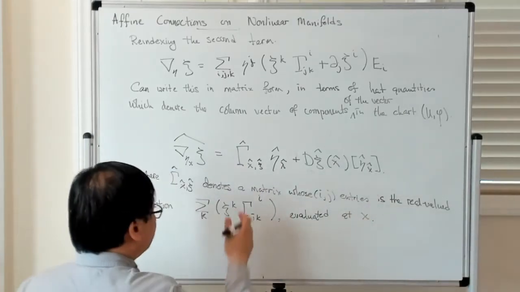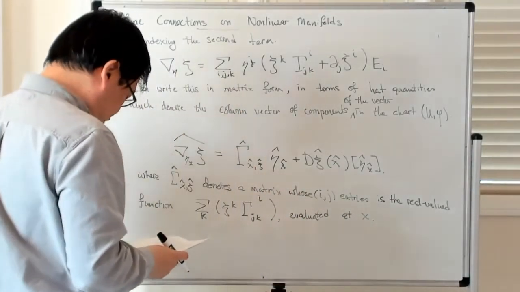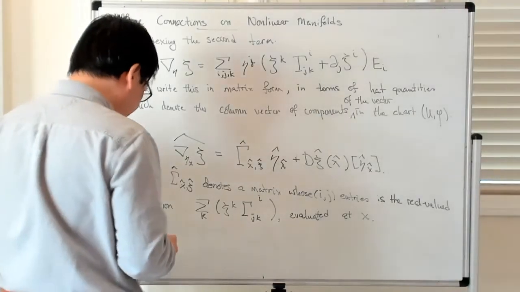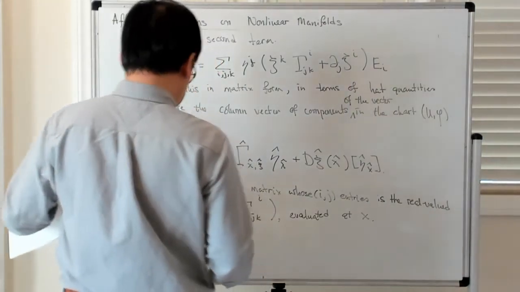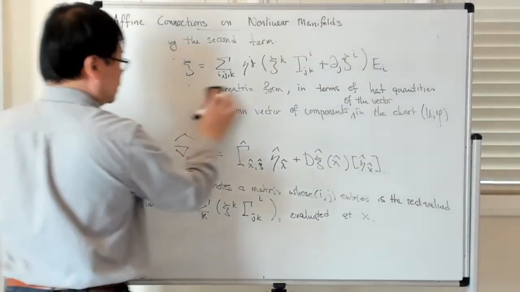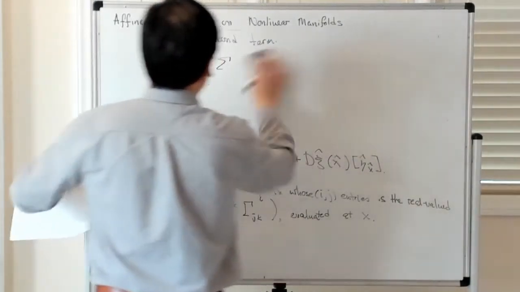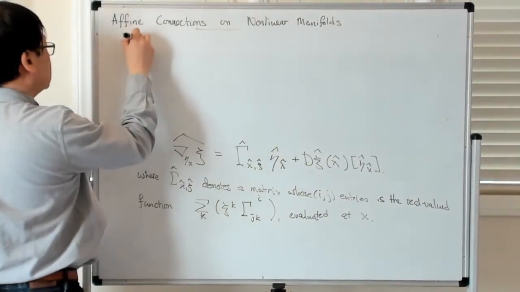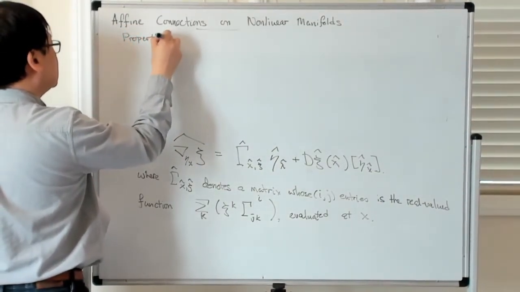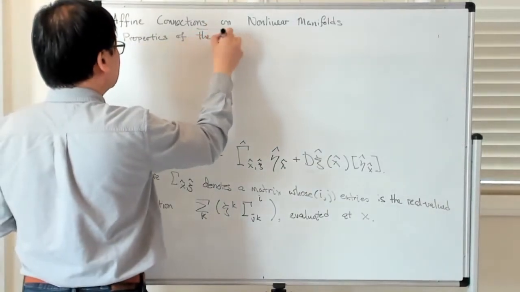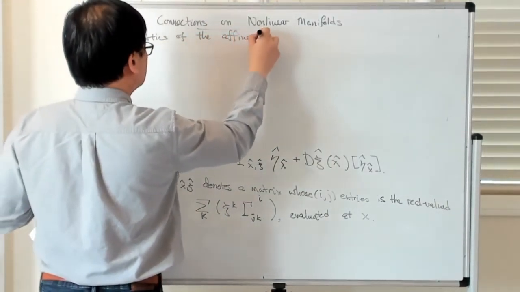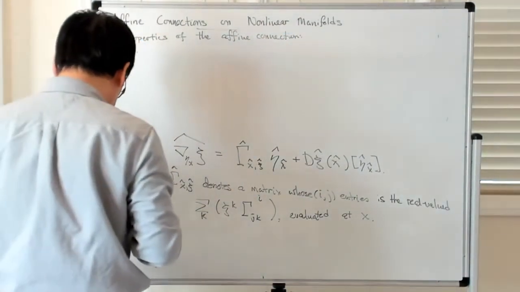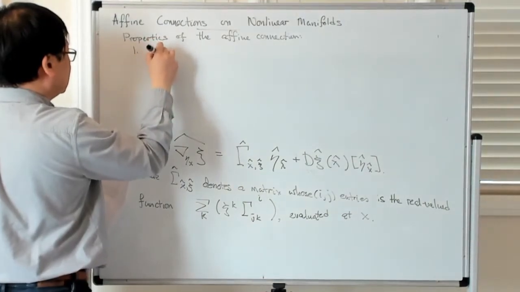Okay, so if you have that coordinate representation now, then you can conclude the following properties of this affine connection. Let me erase this. Properties of the affine connection. The first one is the dependence on eta.